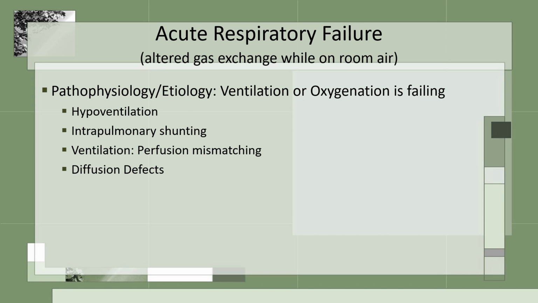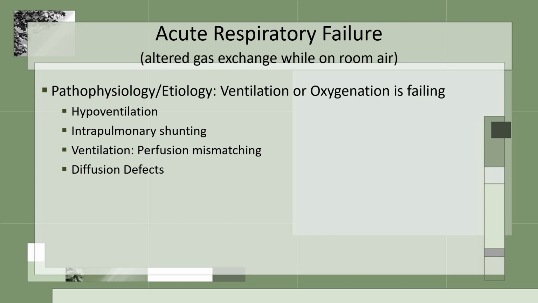The next reason could be intrapulmonary shunting. So the blood is returning to the left atrium without being oxygenated because areas of the lung are inadequately oxygenated. This example would be atelectasis from pneumonia. The next reason would be ventilation or perfusion mismatching.